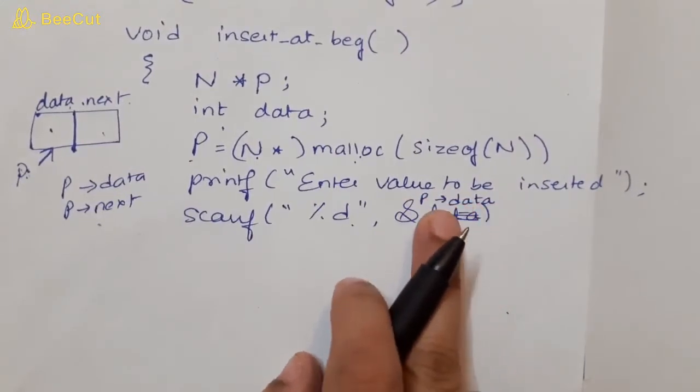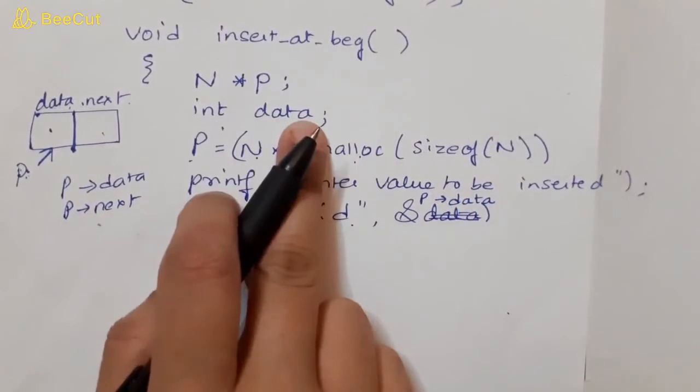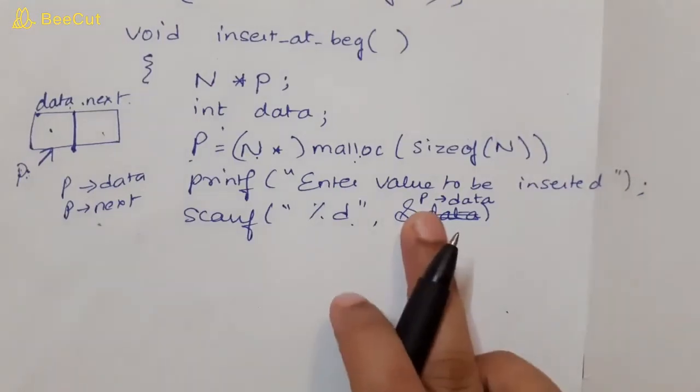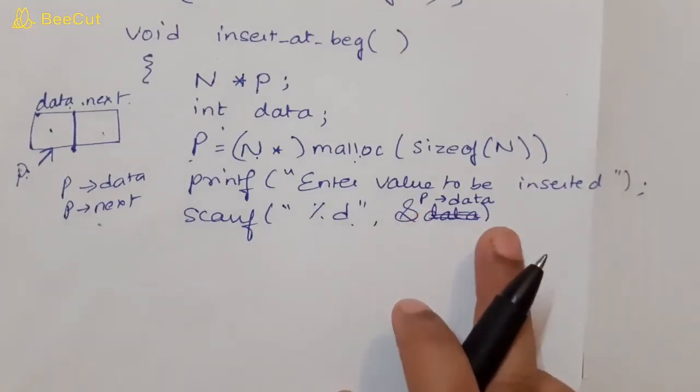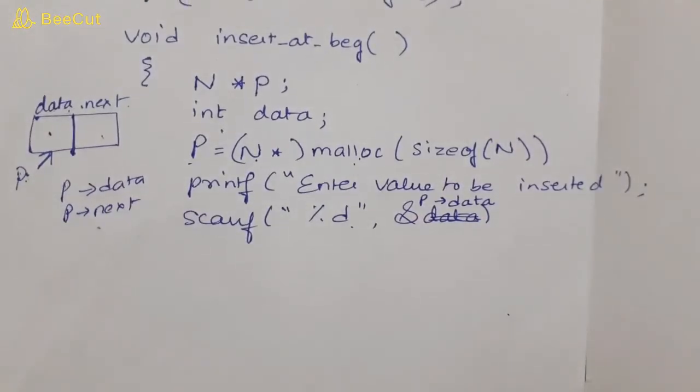If you give only data, it is going to create a normal integer variable from this particular statement. But when you write like this, the element will be stored in the data field.